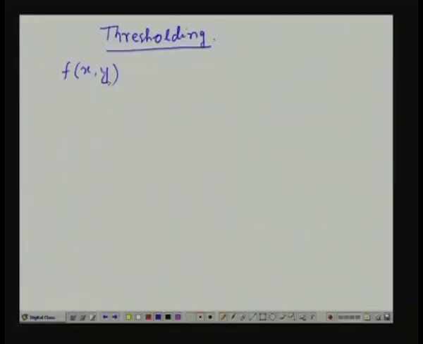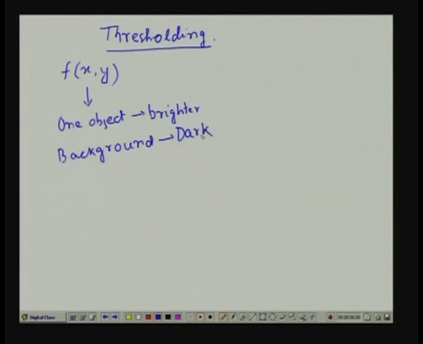So, if you plot the histogram of such an image, here we are assuming that we have one object, and let us assume that the object is brighter and the background is dark. The histogram will appear something like this.